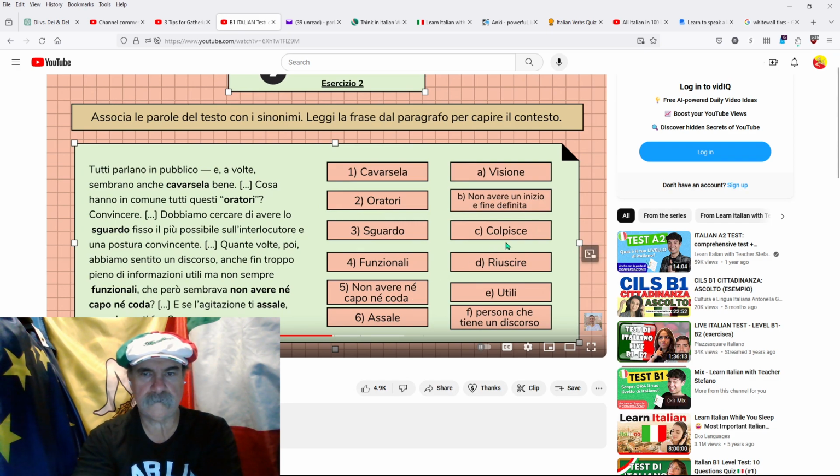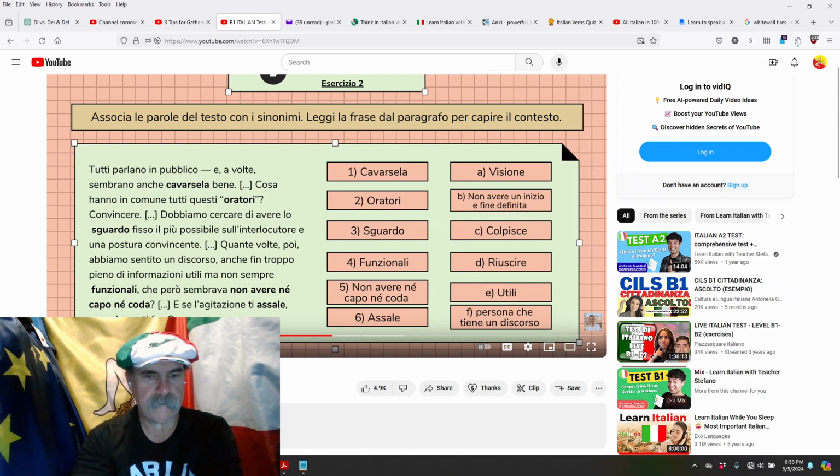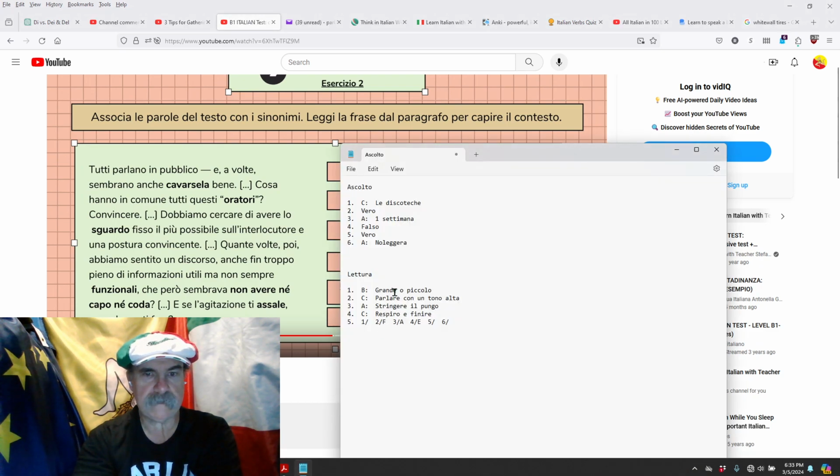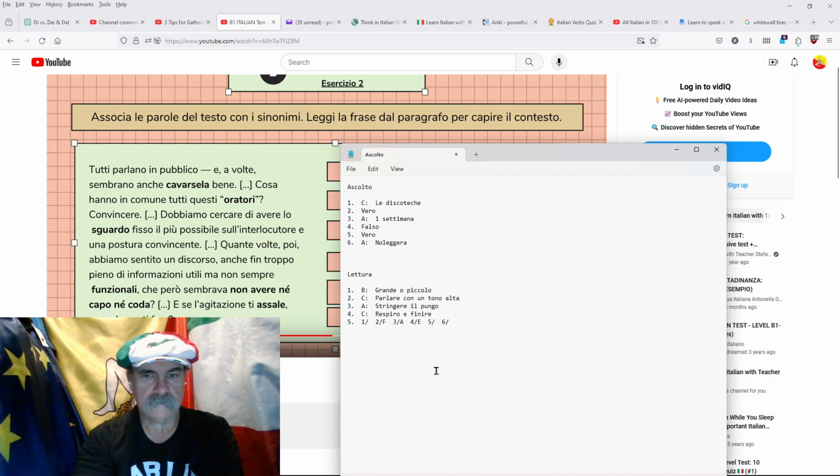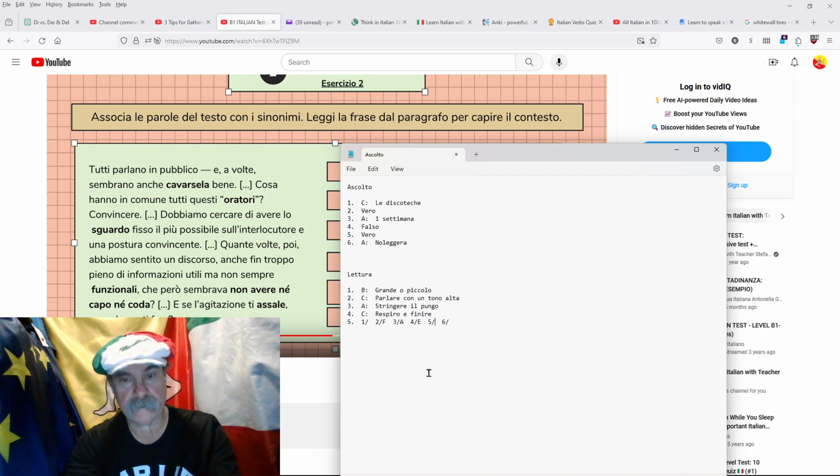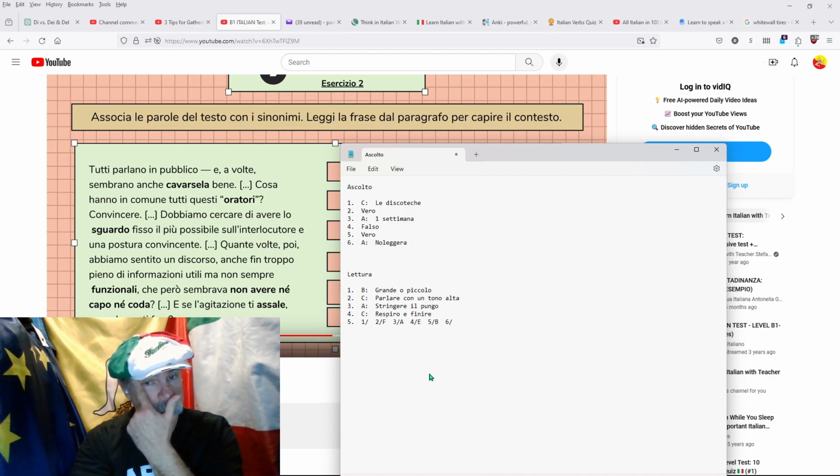Colpisce. I'm going to match 5 and B. Because what's the worst case? It's going to be wrong, right? But if I get any of them right, I will actually be surprised.